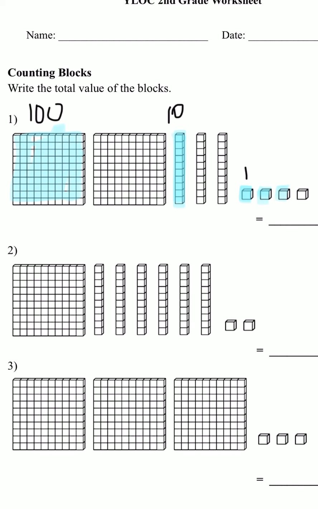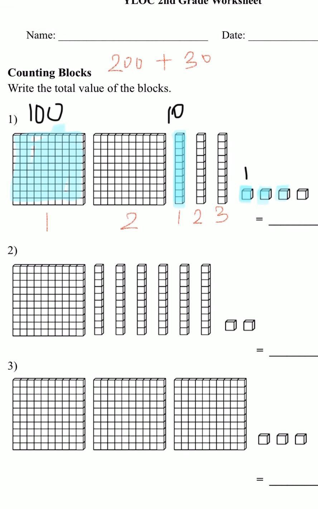So if you count, we're going to have 1 and 2, so 200, right? 200 because each represents 100. Plus 1, 2, 3, that would be 30 because each of them represents 10.